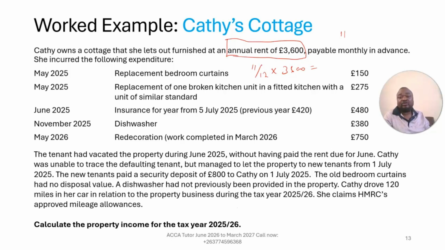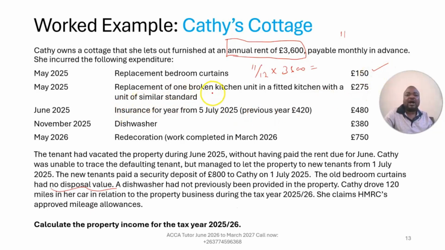But in this case, there were no disposal proceeds, so the full 150 is going to be deductible.